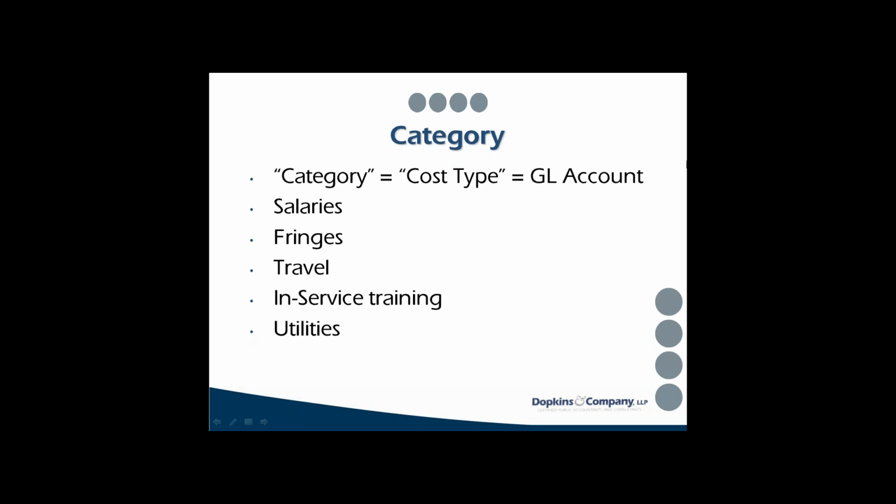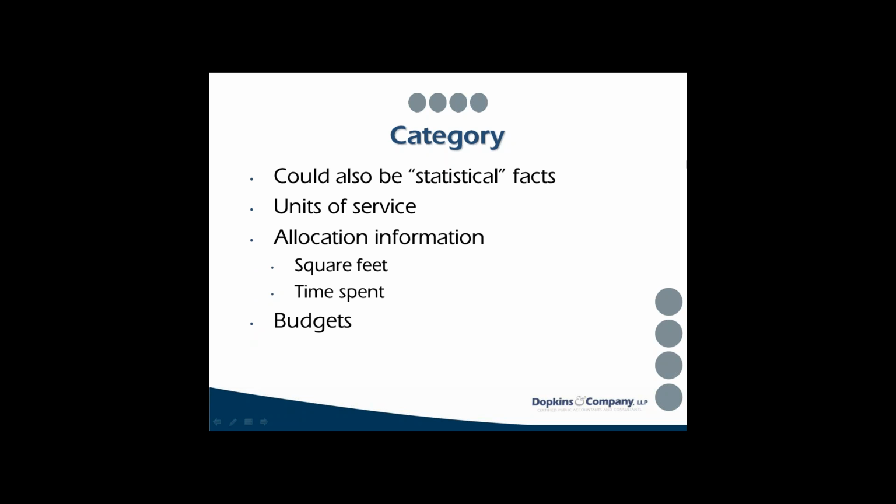Examples might be salaries, fringes, travel expenses, in-service training, utilities, whatever happens to be accumulated. They also could be statistical facts or units of service. I start to bump up against the general ledger limitations if I'm thinking my job is a cost center, because I may not have a place to put this kind of stuff. But if I'm using a job costing module, this is all typical.